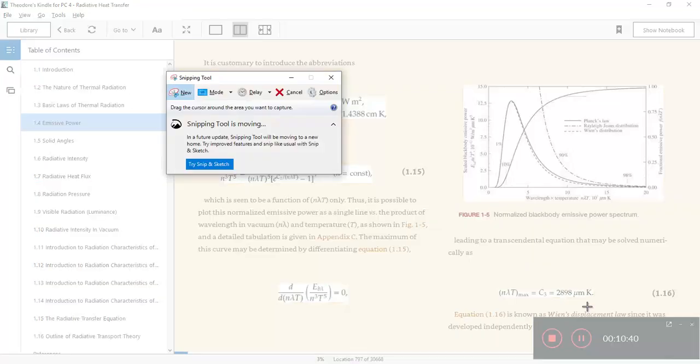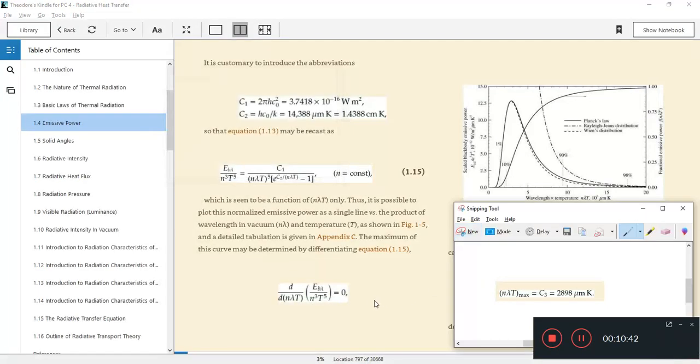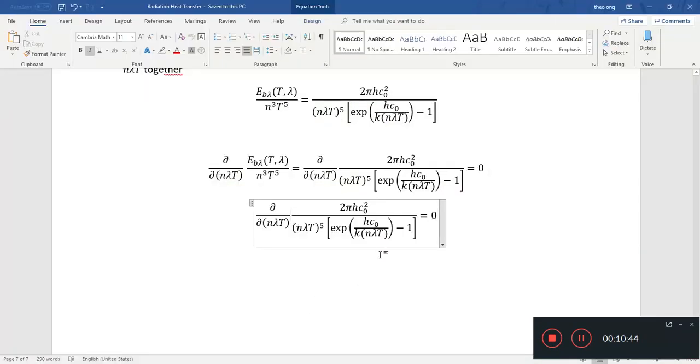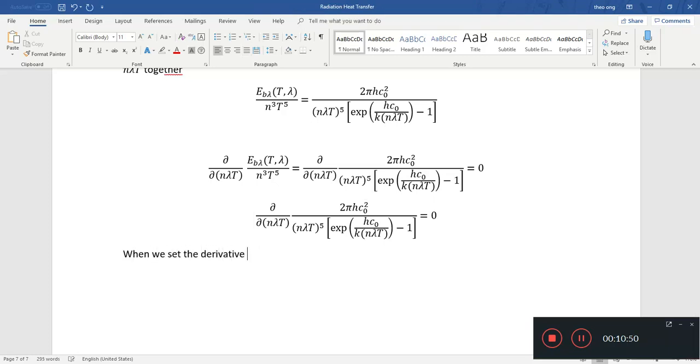n lambda T max. When we set the derivative to 0, we find the maximum, whatever this value is.